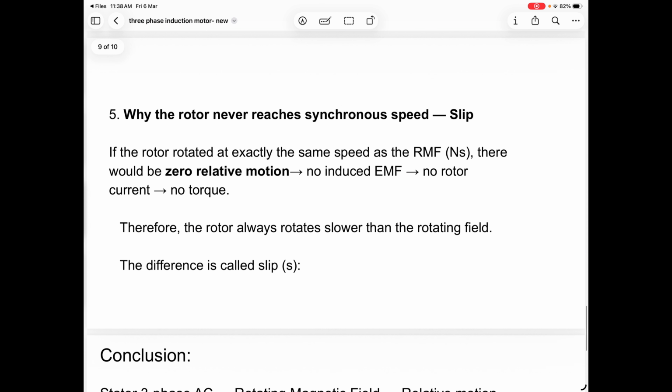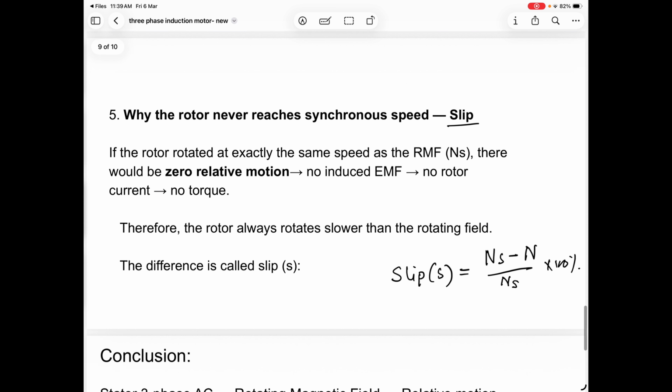Why does the rotor never reach the synchronous speed? Due to slip. What is slip? Slip, denoted as S, is equal to the difference between synchronous speed and rotor speed, in terms of synchronous speed, that is (Ns minus N) by Ns, into 100%.